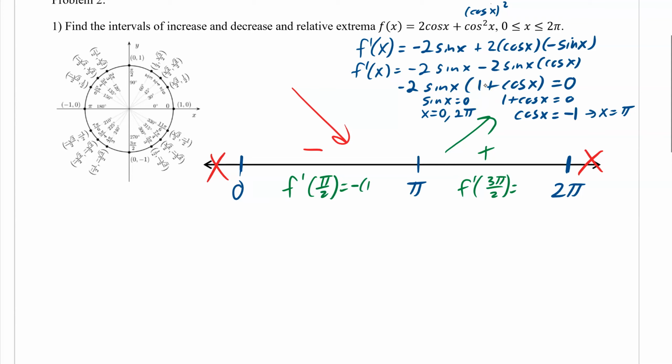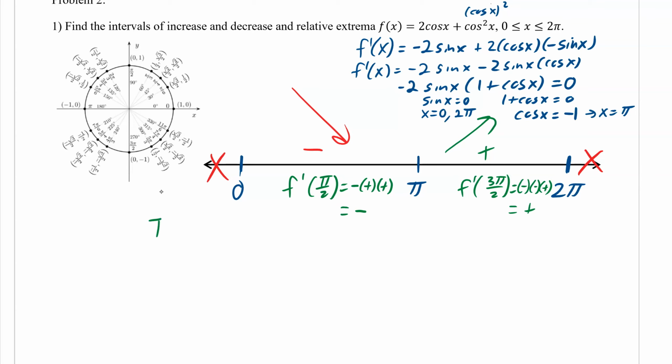So negative times a positive times a positive is a negative. It checks. And then 3 pi over 2, so now we're over here, right? And so it's negative. Our sine is negative, so that would be negative times a negative. And then again, our cosine is 0, so positive. There's our positive. So everything's checking perfectly.